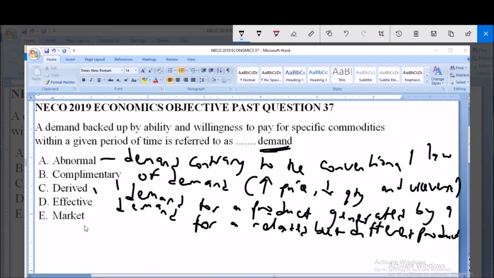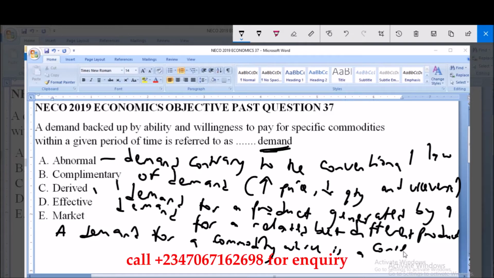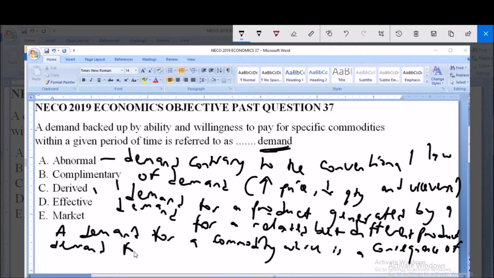So option C, which is derived demand, is a demand for a commodity, which is a consequence of demand for something else.